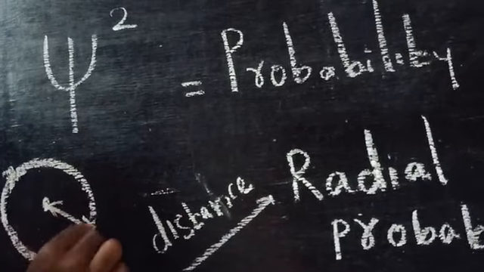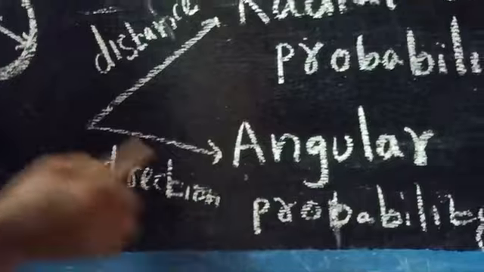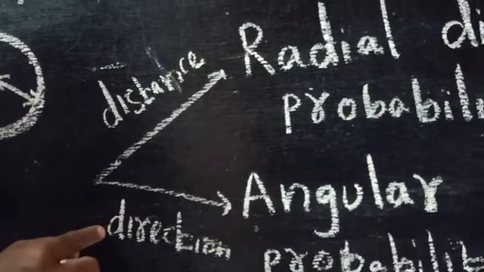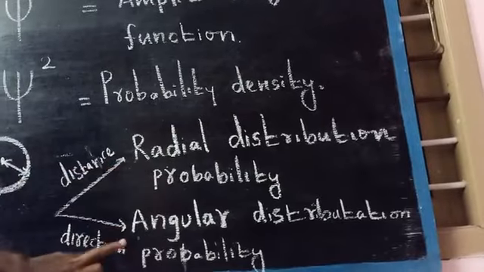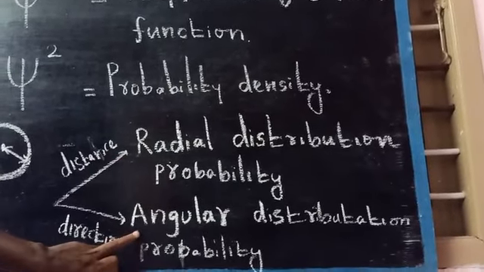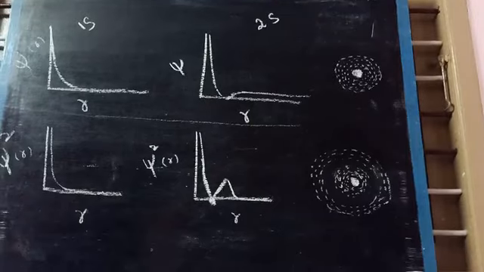So to measure the angle, the direction, we use angular distribution. One is radial distribution probability, and another one is angular distribution probability.